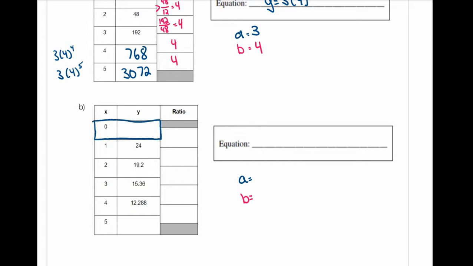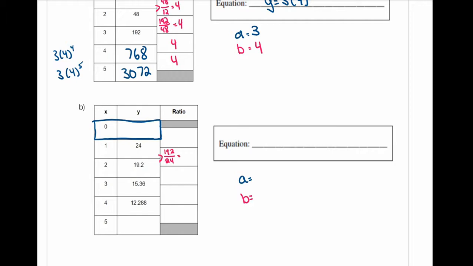However, I don't have that box. So in order to find it, I need to first figure out what my ratio is. And by figuring out my ratio, I can then work backwards to figure out what that y value should be. So I'm going to go with my first two consecutive points, do 19.2 divided by 24.